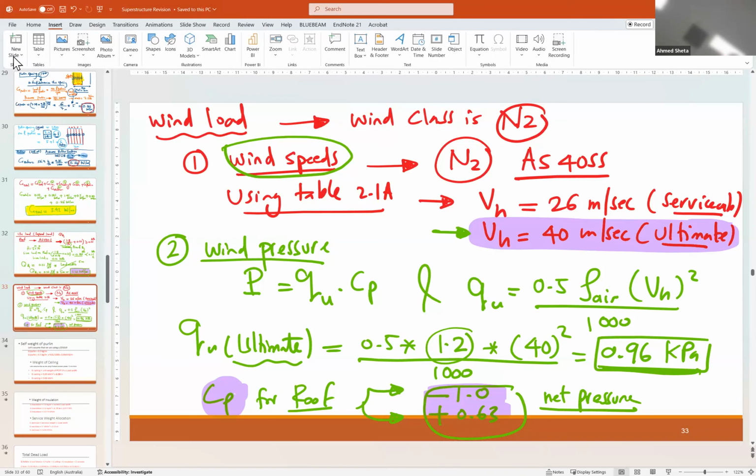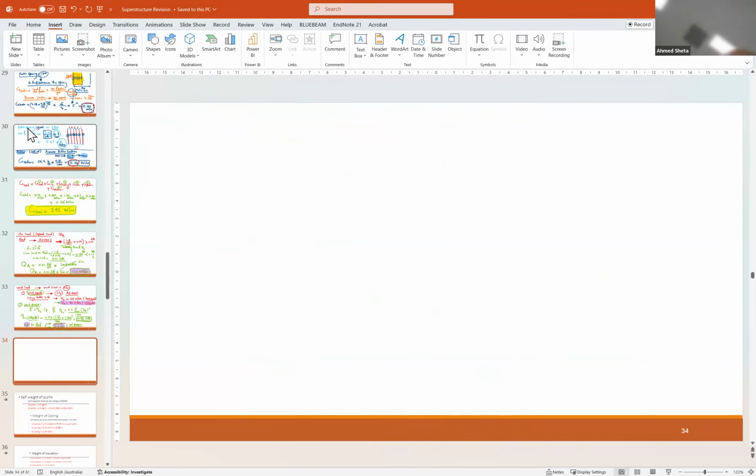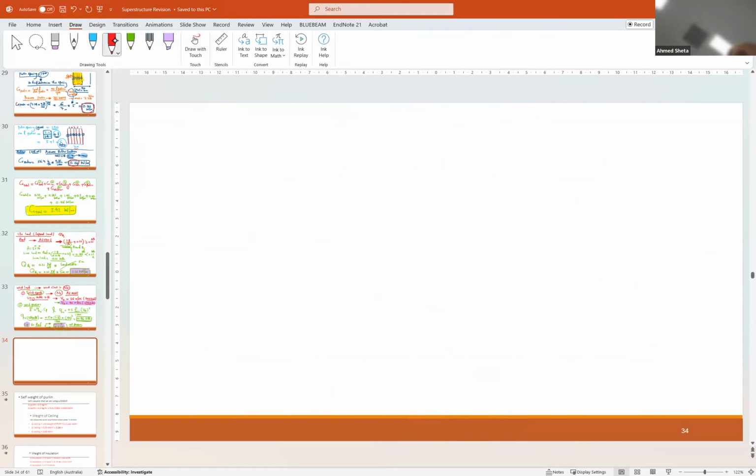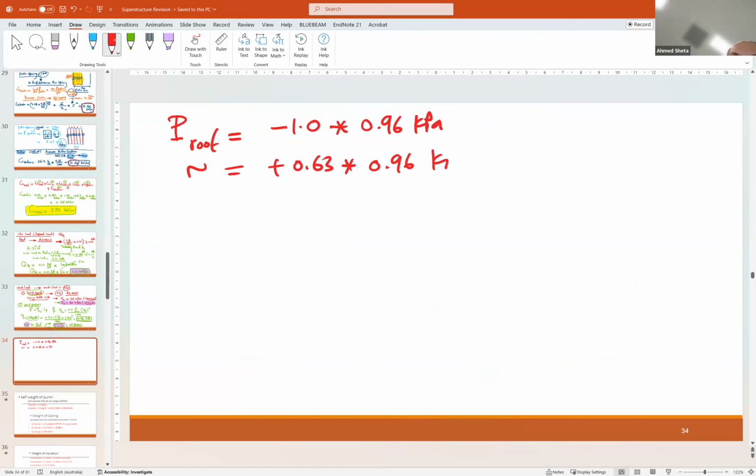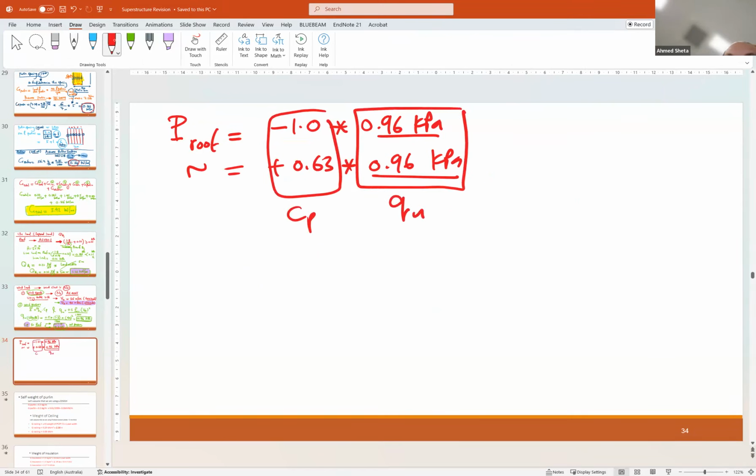So now the pressures on the roof, two values: -1 times QU, which is 0.96 kPa, and the second one is positive 0.63 times 0.96 kPa. This will equal to the first one, -0.96 kPa.